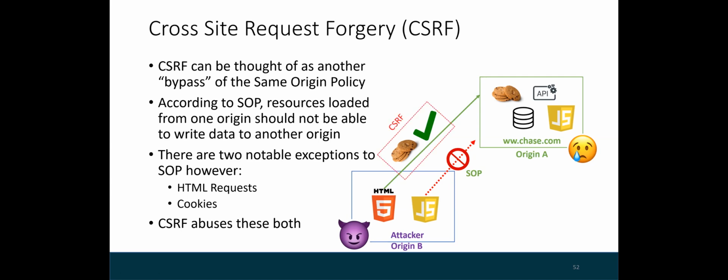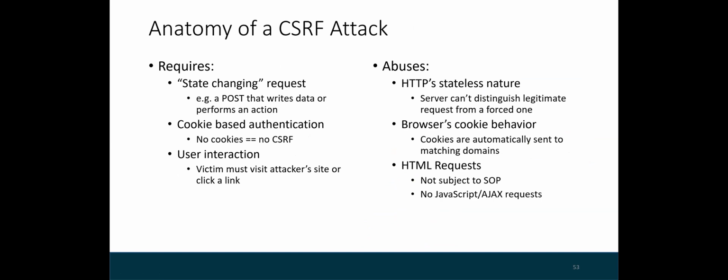That is CSRF in a nutshell. A couple things on CSRF: it requires some sort of state changing request. CSRF is about writing data, not about reading or stealing data. It's about performing an action, so we need something like a POST request that performs an action.